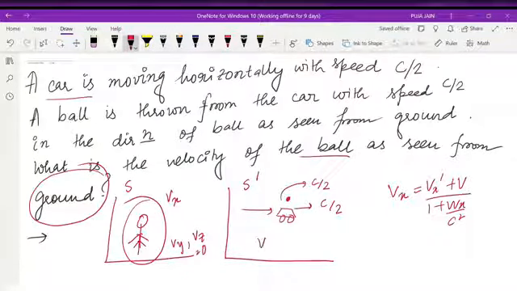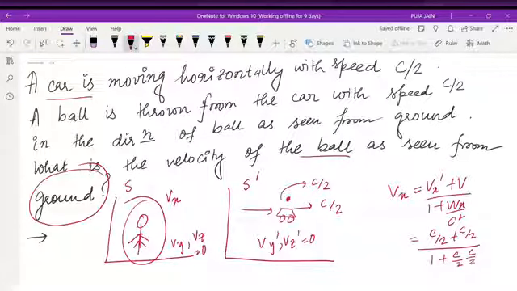Similarly Vy dash and Vz dash are 0. Here Vx dash is c/2 and V is c/2. So 1 plus c/2 into c/2 by c square.